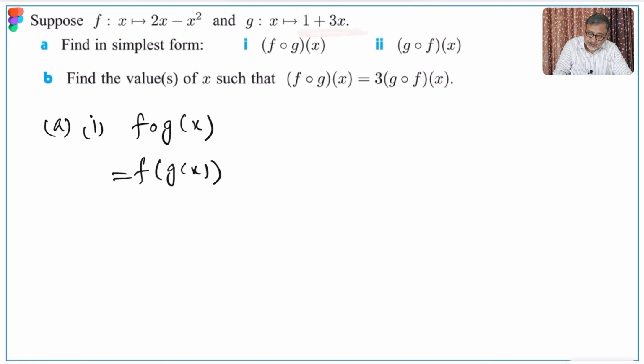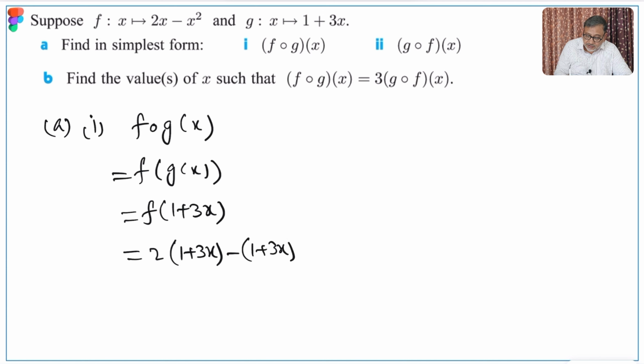So I will put this value, 1 plus 3x. And then what is f? f is 2x minus x square. If x is inside f, then it becomes 2x minus x square. So this is inside x, so it will be 2 times that inside part minus the inside part squared. Look here, 2x, so 2 into this, x square, so minus the bracket squared, right?